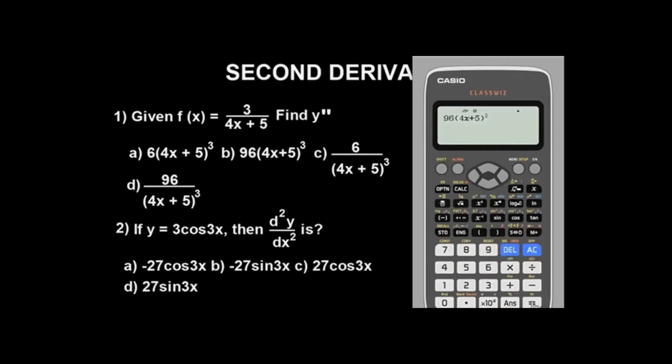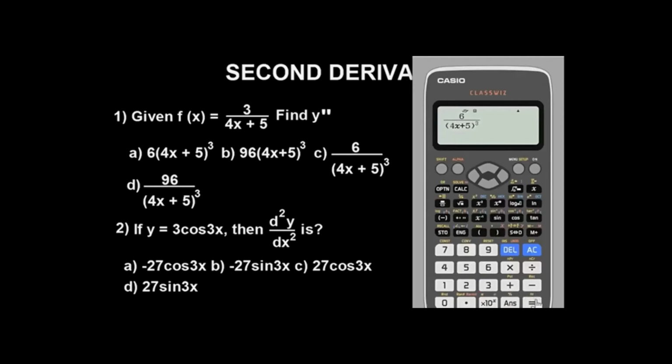That's it, guys. Right? No, so let's check option C. Option C is in fraction. Okay guys, so we have 4x alpha x plus 5, close the bracket, raised to power 3.